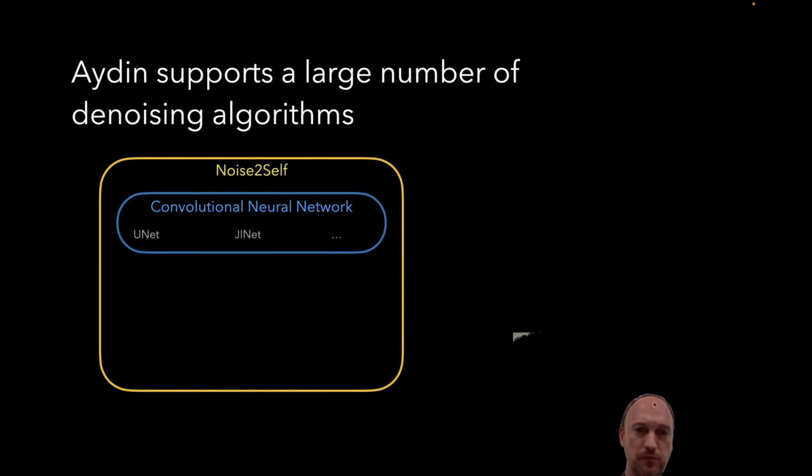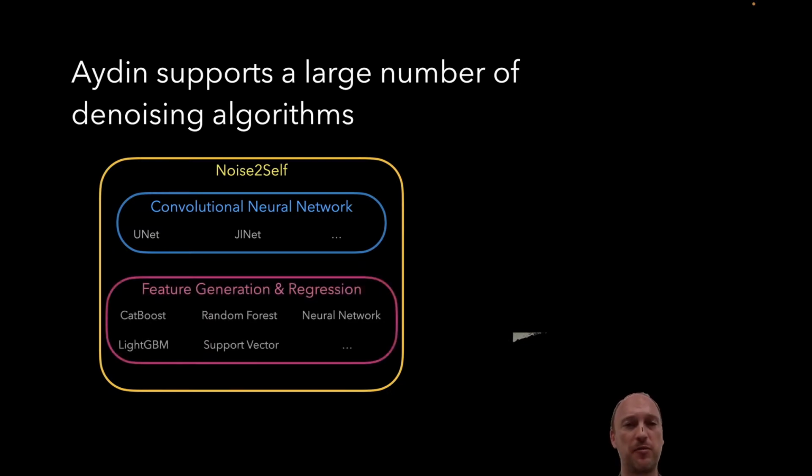We added other variants of this, particularly our GINET, which is a sort of a UNet that has been modified to actually be capable of training faster. But we also have played a different game, which is instead of using CNN, so deep learning, we also use a kind of classical machine learning where we generate features from images and then we do regression and use that to actually denoise the images through the same theory as noise to self. So that's another way to do that.